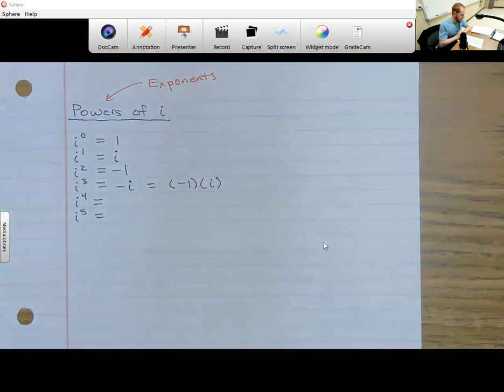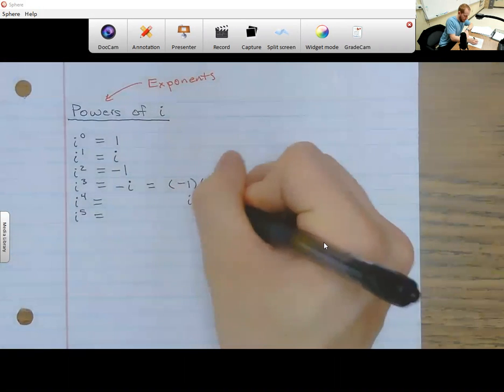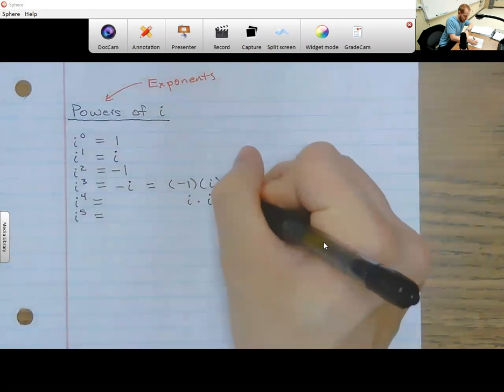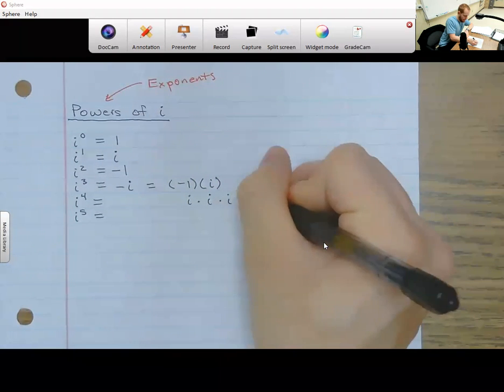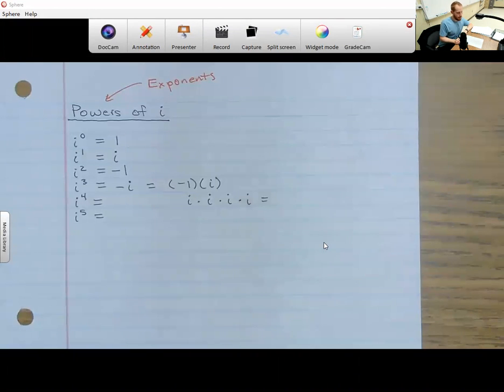Okay? And then for i to the 4th power, we just multiply by i one more time, right? So we have i times i times i times i. I'll give you a few seconds to get that down. So what we're doing now is multiplying i by itself 4 times, and seeing what we get.